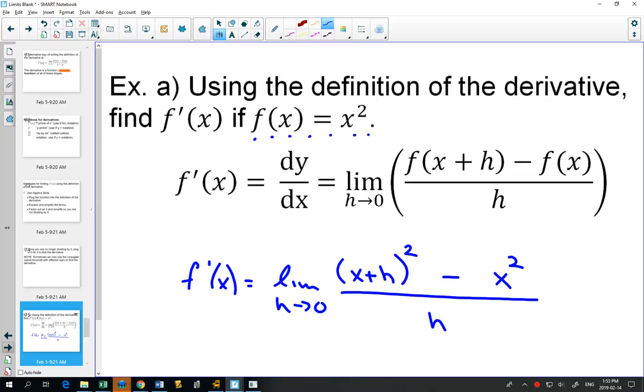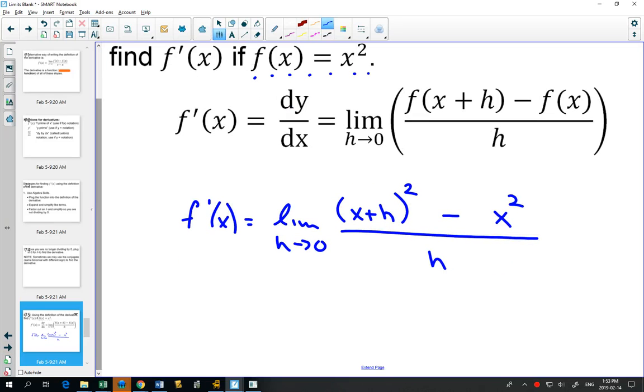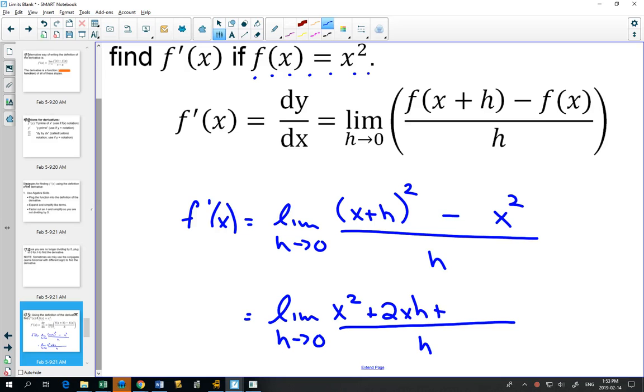Step 2, now we're going to use our algebra skills to expand and simplify, and our goal is to get rid of that h on the bottom that's causing this limit to be a problem. So I can expand, rewriting the limit as h goes to 0 until I get rid of that h. I can expand this: x squared plus 2xh plus h squared minus x squared.